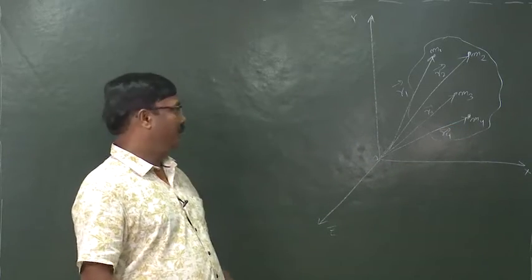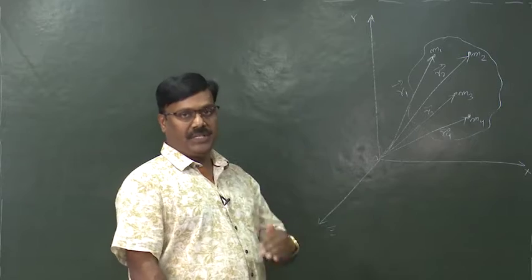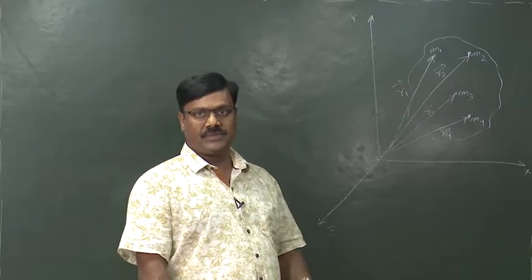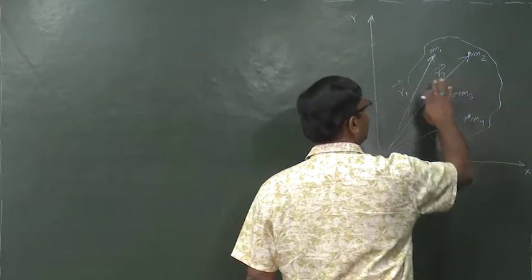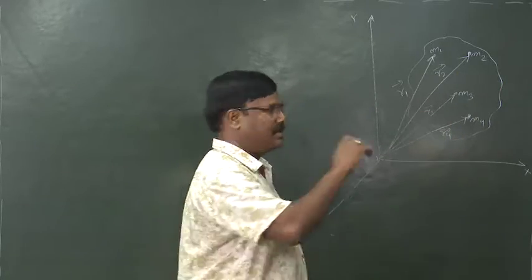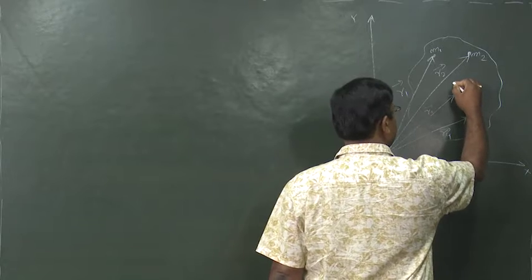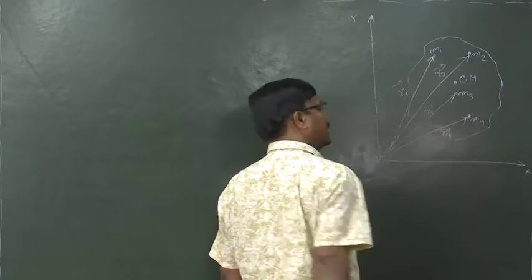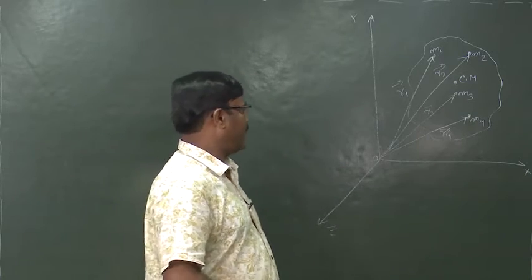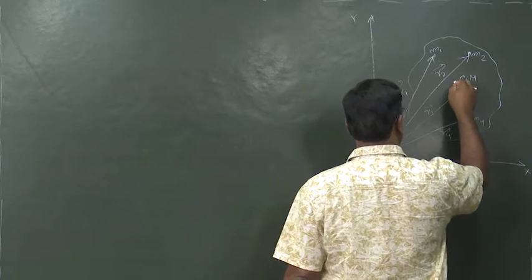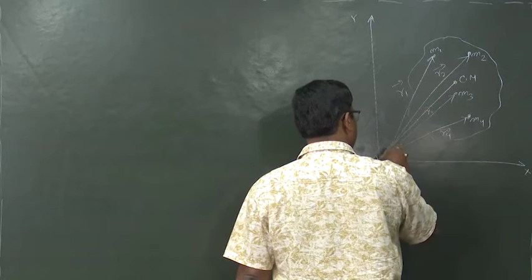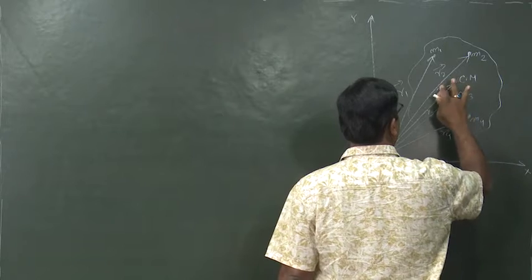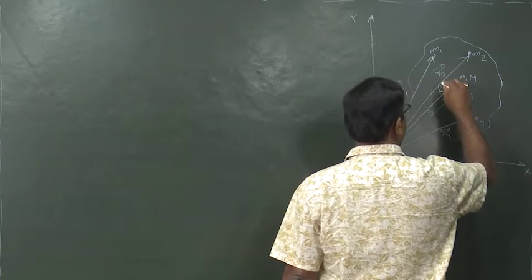Now, the position of the center of mass of this system can be somewhere within this body. Let the position of the center of mass be at this point, which I am writing as CM, center of mass, and let the position vector of the center of mass with respect to the origin O be capital R vector.